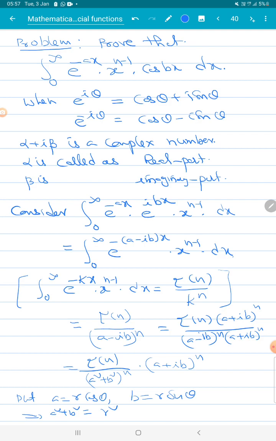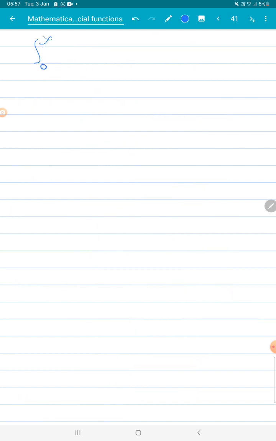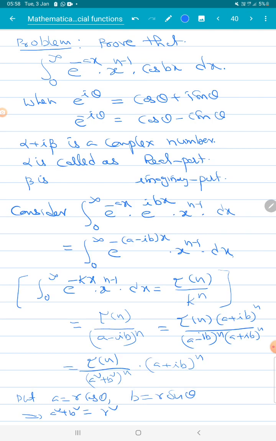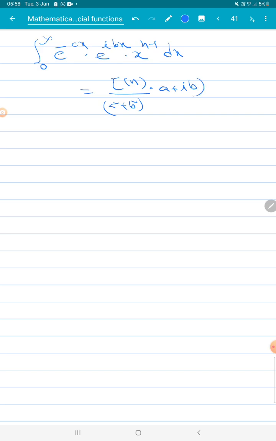Now the result is the integration from 0 to infinity of e power minus ax into e power ibx into x to the power of n minus 1 into dx is equal to gamma of n by (a square plus b square) to the power of n into (a plus ib) to the power of n.